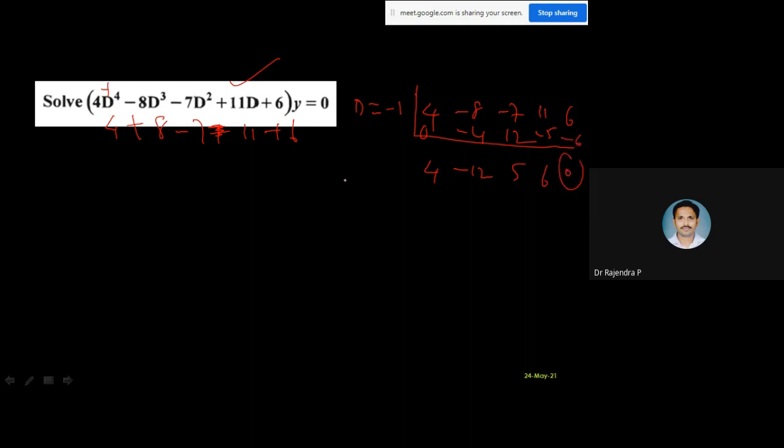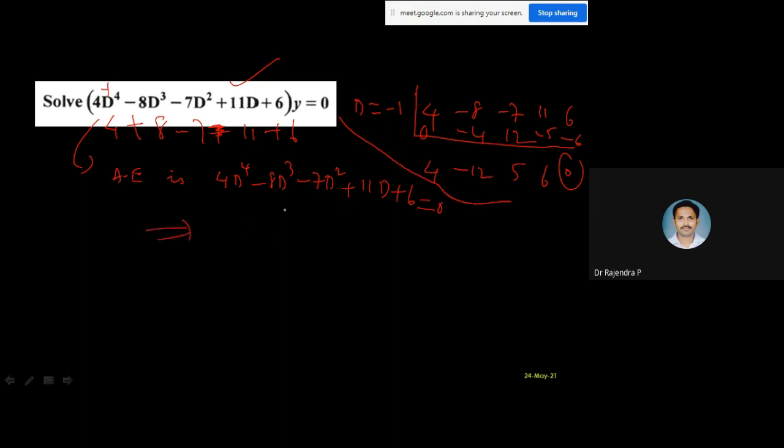Now, we need to solve this differential equation. Before solving, we have to consider the auxiliary equation as usual. The auxiliary equation is 4D^4 - 8D^3 - 7D^2 + 11D + 6 = 0.